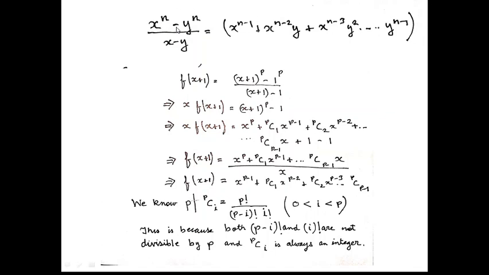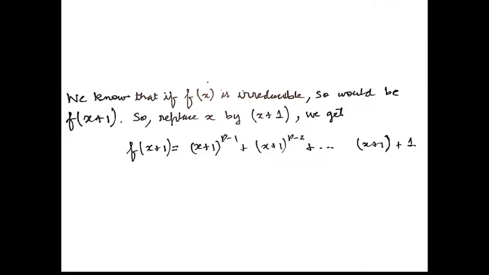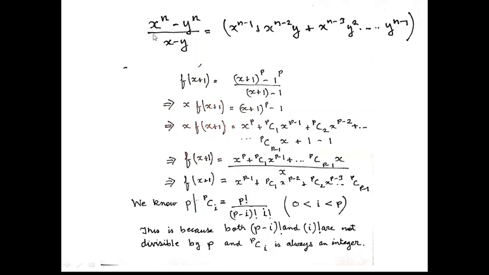So f(x+1) can be written using this formula as ((x+1)^p - 1^p) divided by ((x+1) - 1). So you get x times f(x+1) equal to (x+1)^p - 1, which is x^p + pC1 x^(p-1) + pC2 x^(p-2) up to (p-1) x plus 1, minus 1.